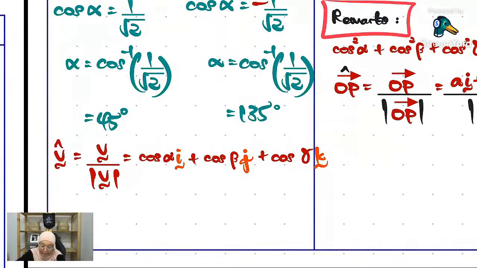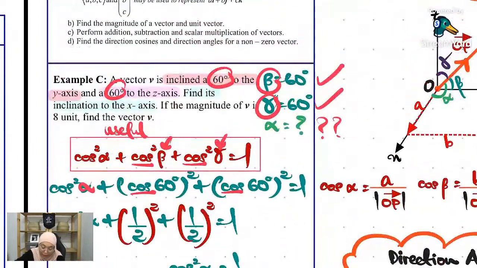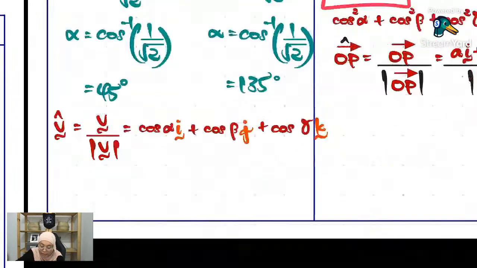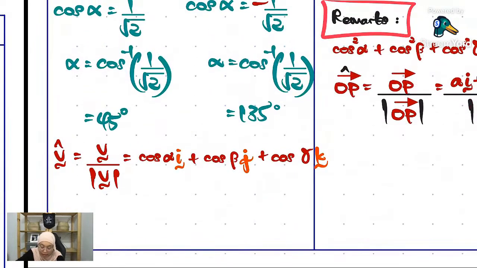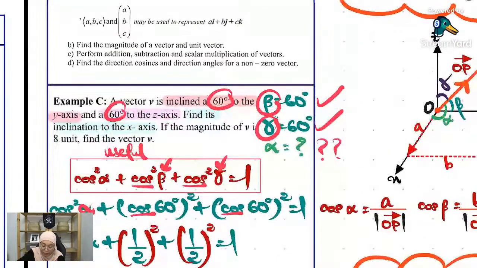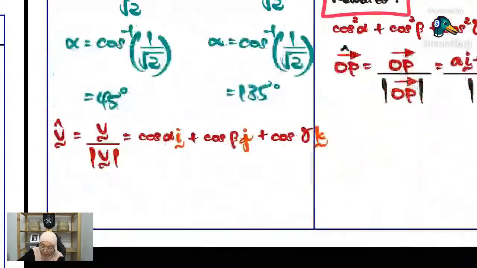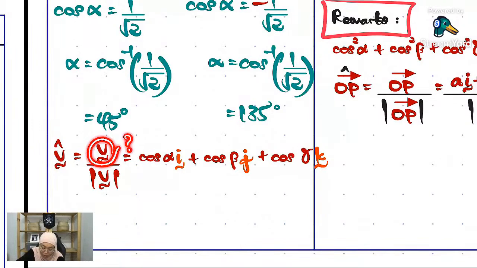But we are not finished yet, because it also asks: if the magnitude of V is 8 unit, find the vector V. Find the vector V. This is what we do not know.